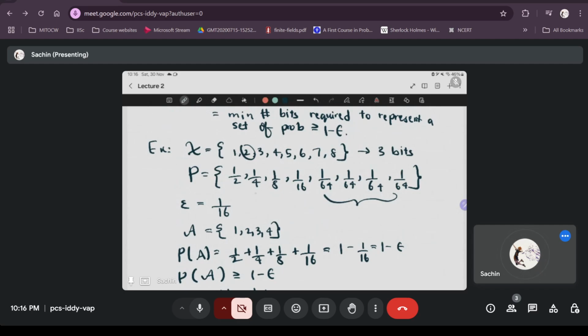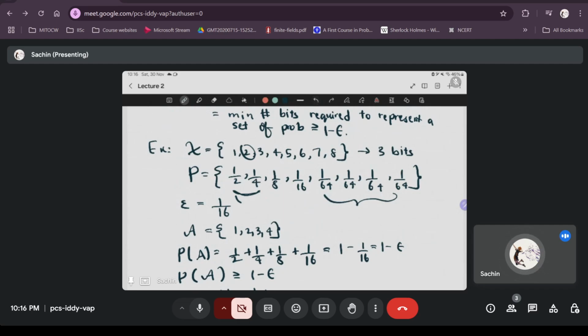So that is 2. Now it's a set containing 1 and 2. If the probability of that set, which is the first probability plus the second probability, is greater than or equal to 1 minus epsilon, then you stop. Otherwise, you add the next outcome.